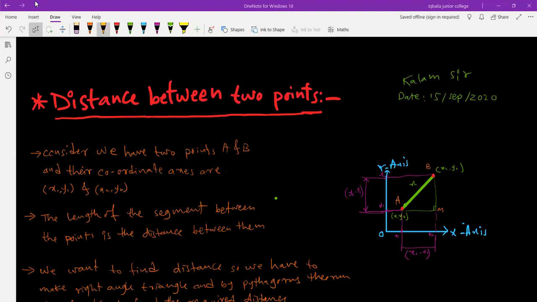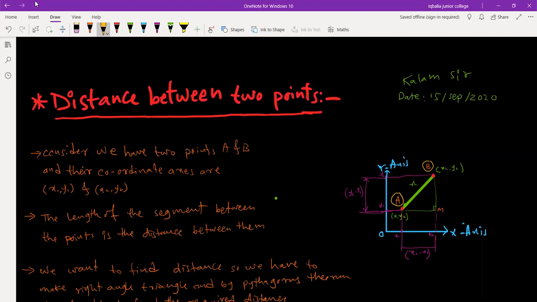Suppose you can see here, I have a point A and point B. I have 2 points in red, point A and point B, and the distance between point A and point B is equal to x.